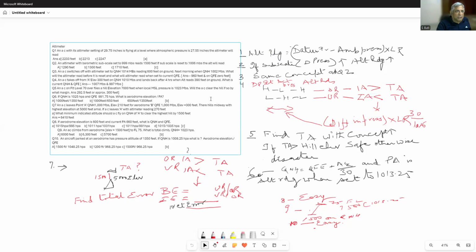These are the 10 numericals representing various concepts that we have studied so far. Let us see if we have understood what we have learned so far. After that, we will proceed forward to the next set of lessons. Right.